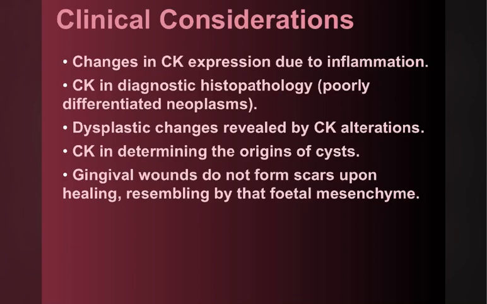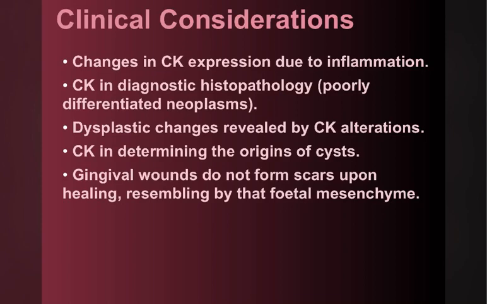Also, cytokeratins are important in determining the origins of cysts. Cysts are formed by epithelial cells, and the origin of the cyst depends on the cytokeratin profile of the epithelial lining of the cyst.